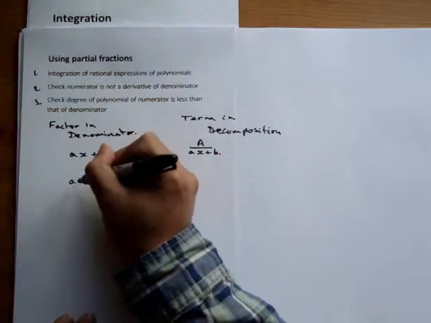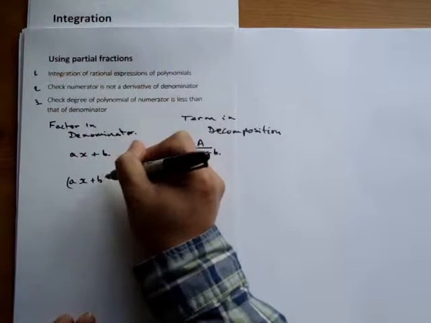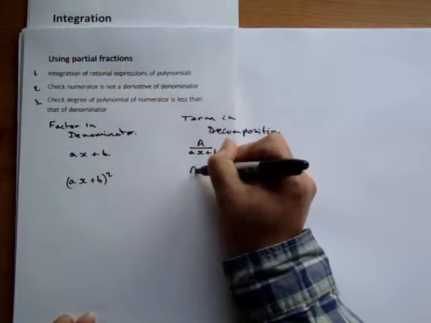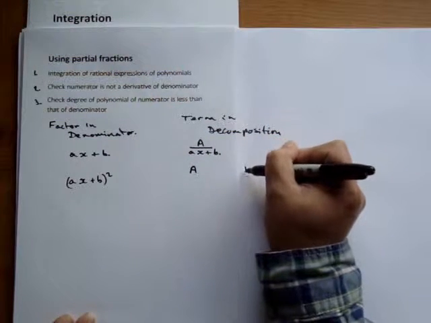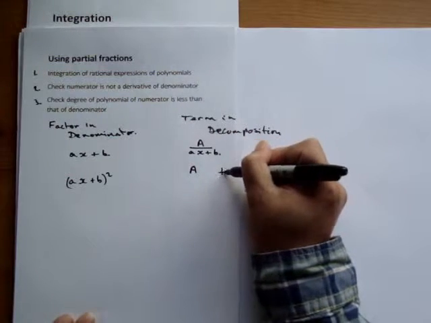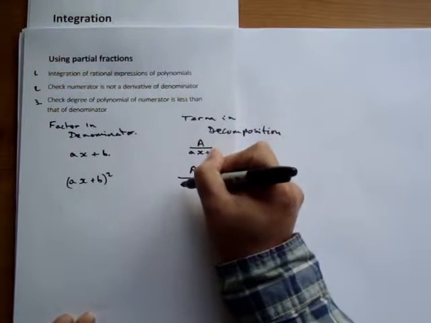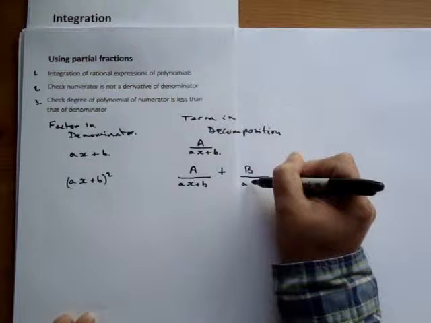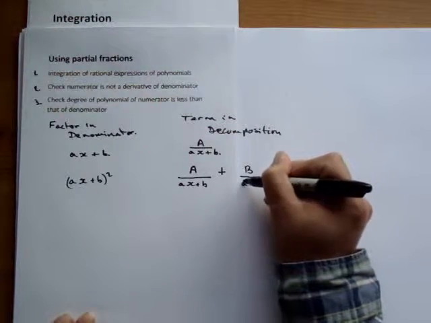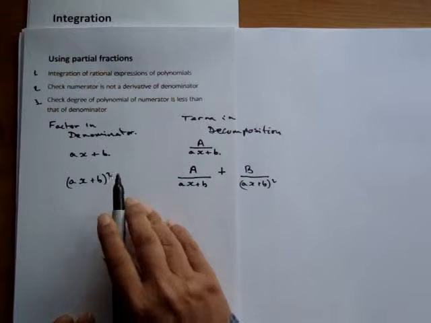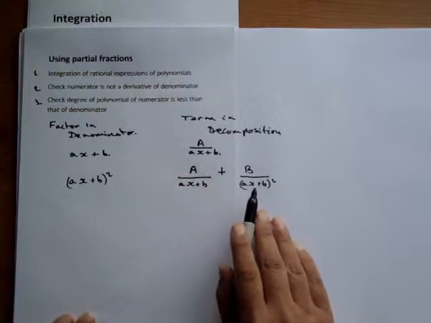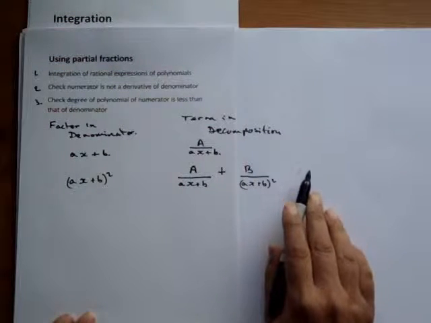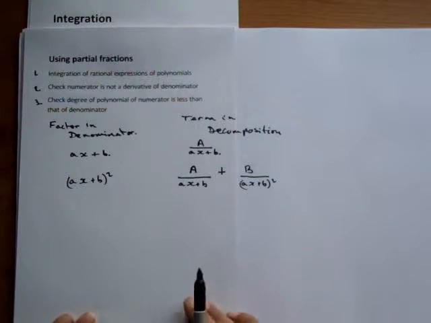If it was (ax plus b) squared, we'd have a constant A over (ax plus b) plus a constant B over (ax plus b) squared. If this was cubed, it would be A over (ax plus b), plus the constant B over (ax plus b) squared, plus the constant C over (ax plus b) cubed.